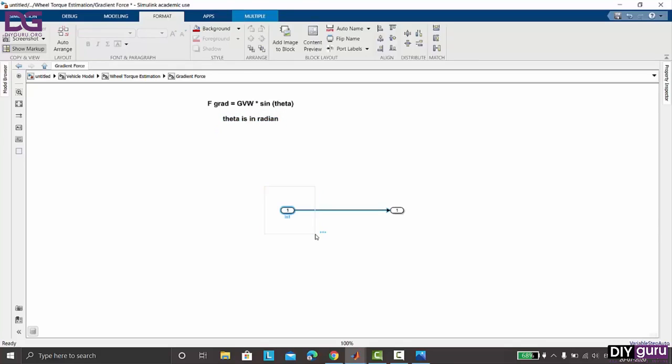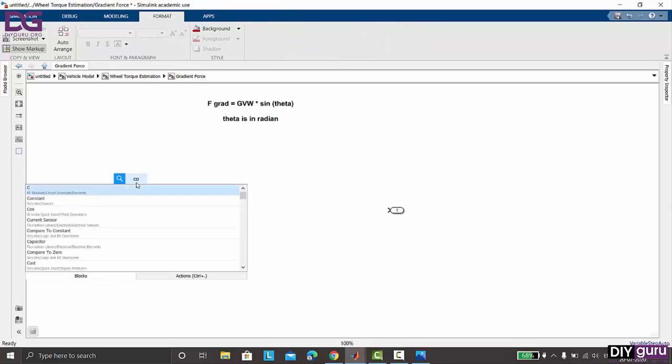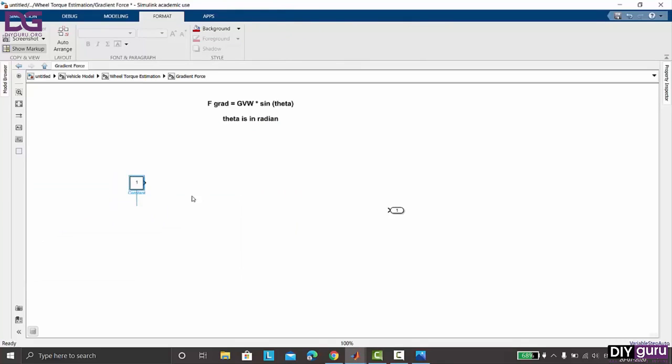So it does not depend on the velocity. Delete the input port. We require the constant blocks. We require 2 constant blocks, so just copy them.